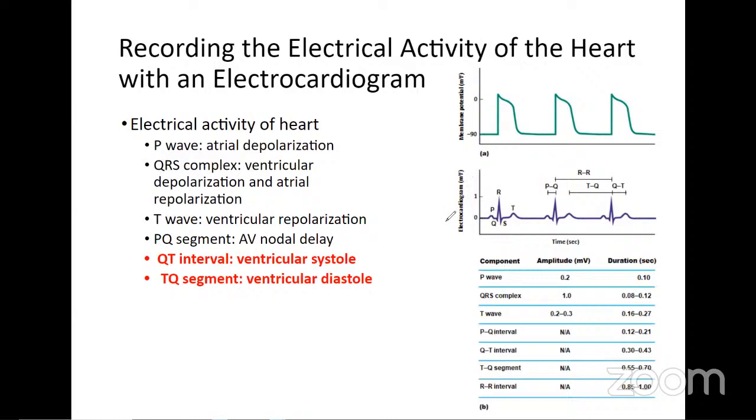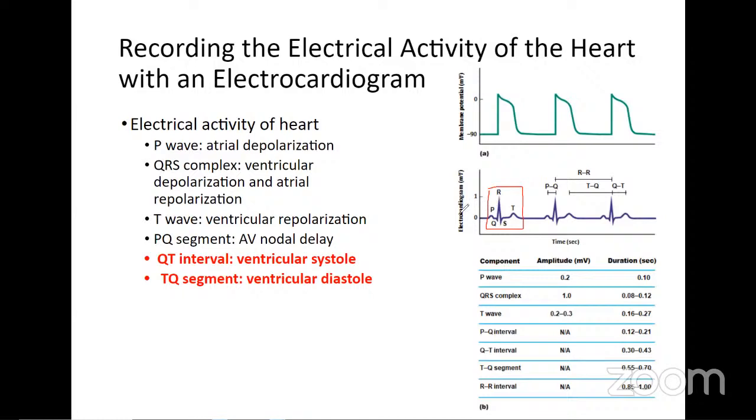So the readout from an EKG will look something like this. This is typical, this is normal. So this is not exactly the same thing as the membrane potential that's happening in the heart muscle itself, which is what we see in A. So that's what we were looking at when we were looking at those phases and the ion movement.